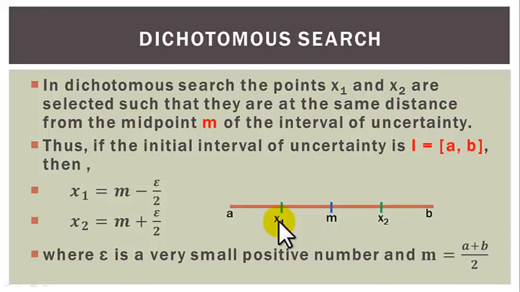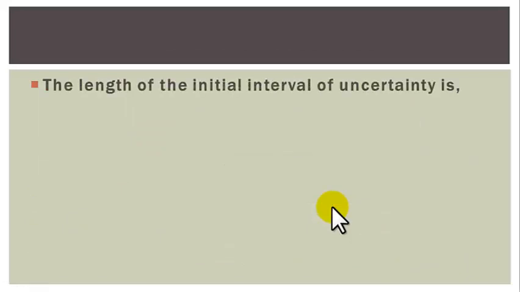The point x1 is chosen in such a way that the distance of x1 from the midpoint M is epsilon all over 2. And x2 is also chosen in such a way that the distance of x2 from M is also epsilon all over 2. The length of the initial interval of uncertainty is defined to be L1 equals B minus A.